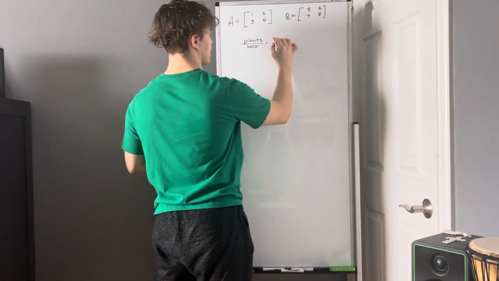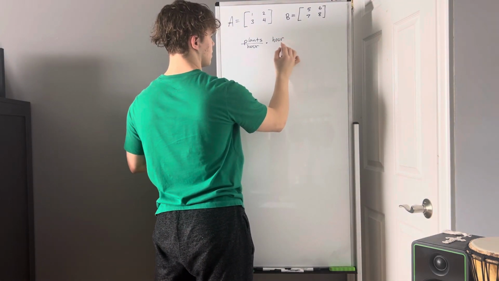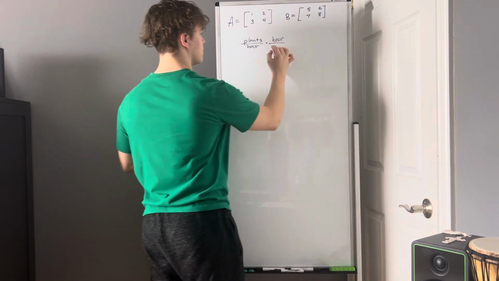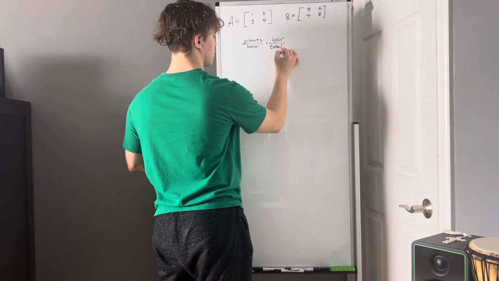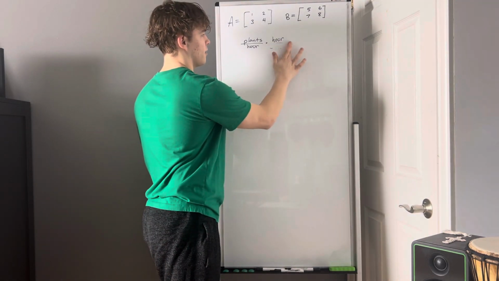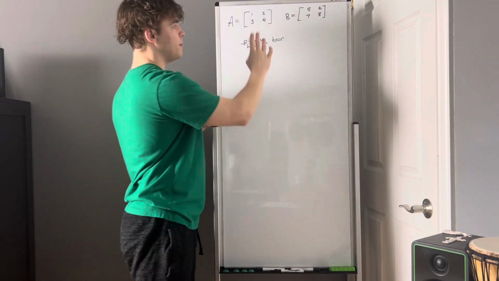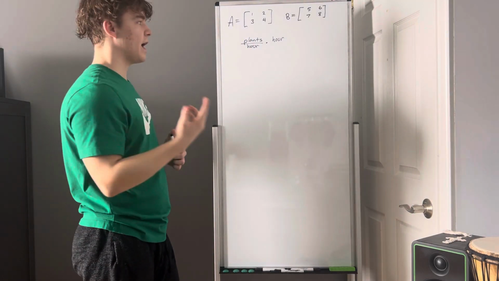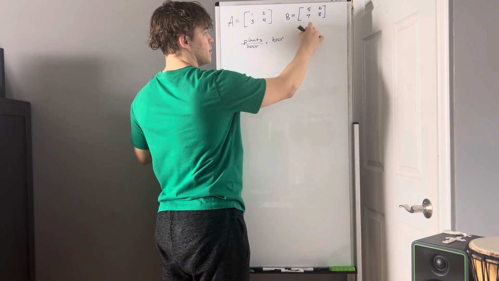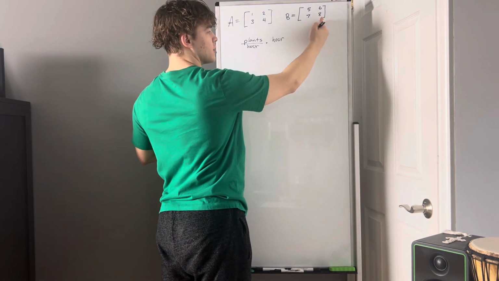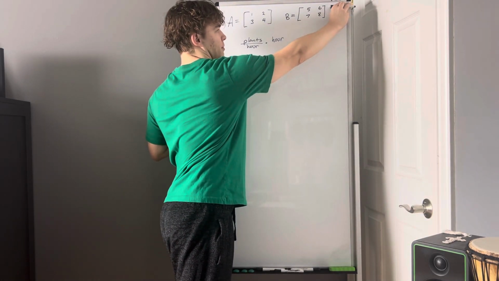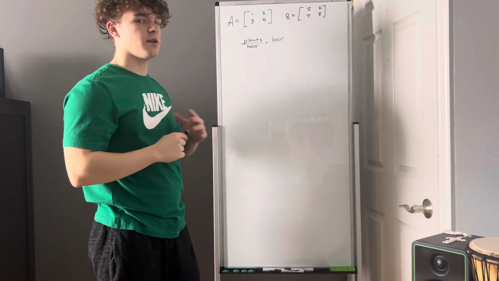We could multiply this by hours over, let's say, total. Or we could just multiply it by hours. So we could say that B is the amount of hours that the supermarket and the flower shop run for in each category, the plants and the flowers and the bushes.